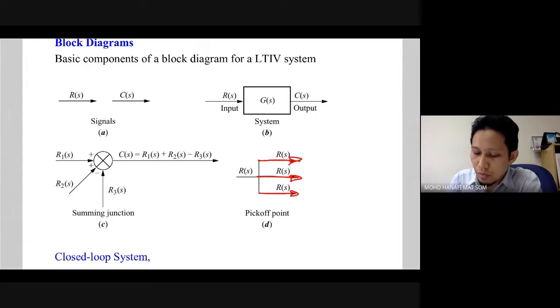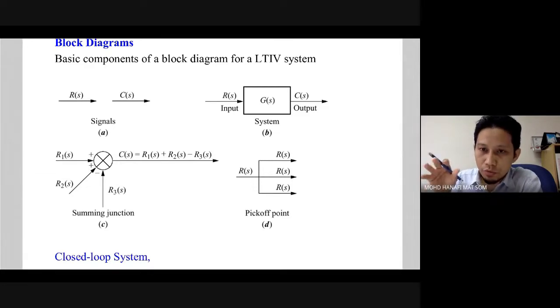Whenever there is a junction of pickoff points, every branch will have R(s). For example, in this case, R(s), R(s), and R(s), 3 R(s), one on every branch. So keep in mind all the basic components of the LTIV system.